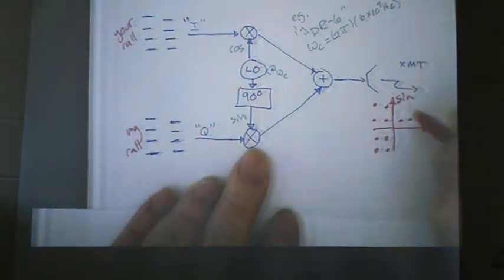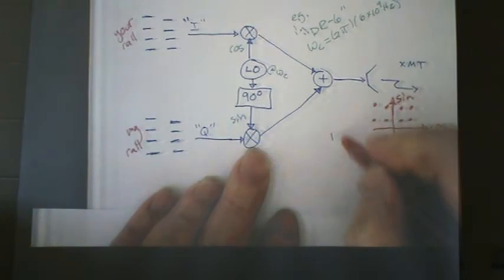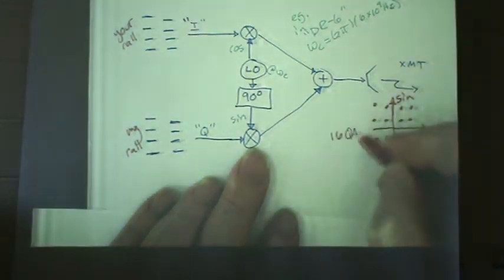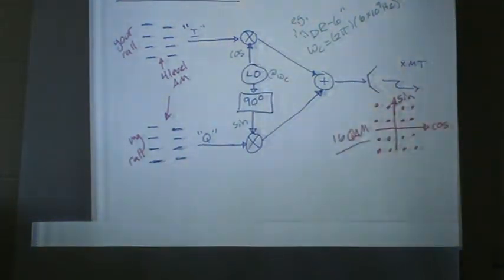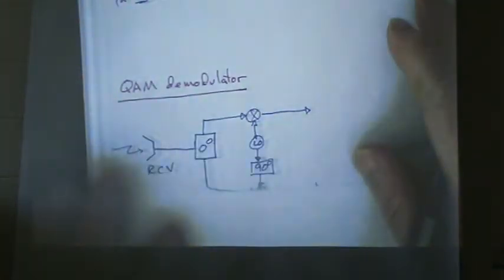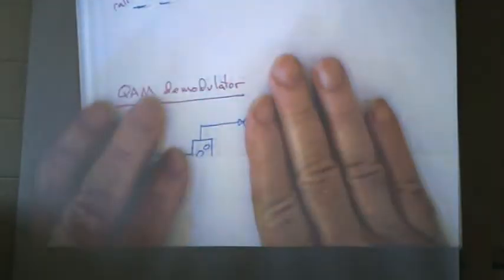So draw out all those possible states I could be in, and 4 times 4 gets me 16-QAM as my signal constellation, because these were 4-level AM. So 4 times 4 giving me my 16. With me? Cool.